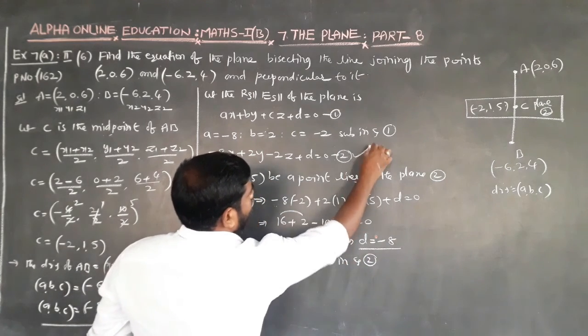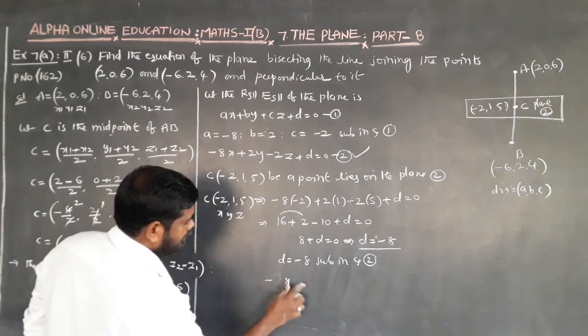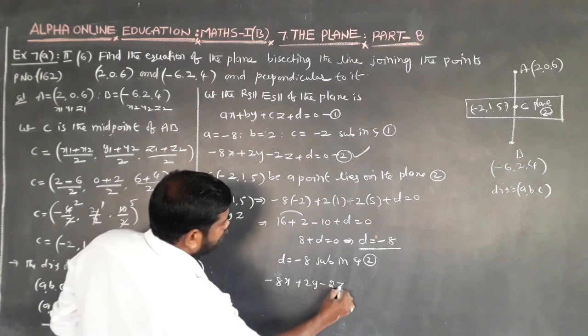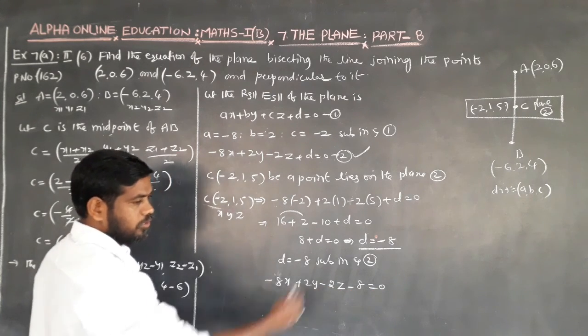Substitute in equation number 2: minus 8x plus 2y minus 2z minus 8 is equal to 0.